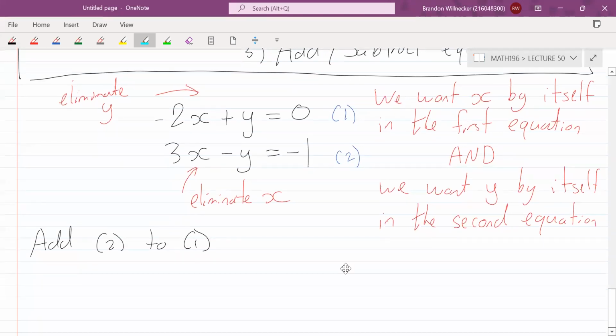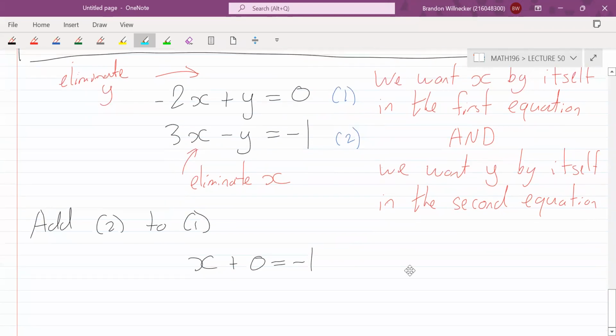Okay, so if I add them, remember I add the x terms, I add the y terms, and then I add the constants. So minus 2x plus 3x, that's going to be x. Plus y minus y, that's 0. 0 plus minus 1, that's going to be minus 1.